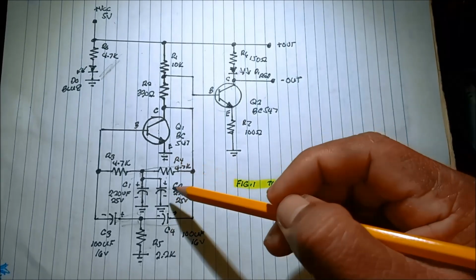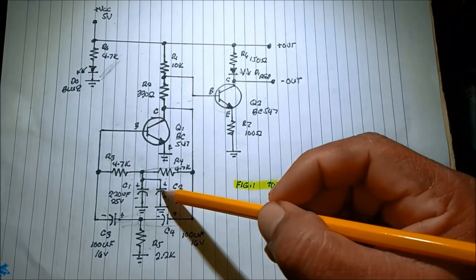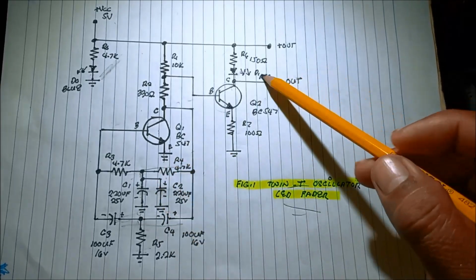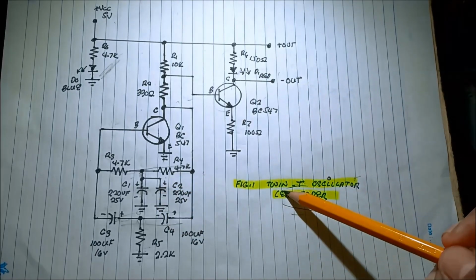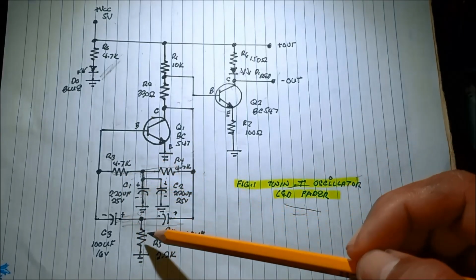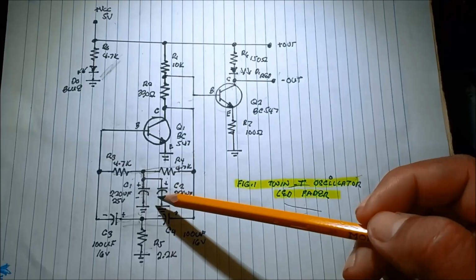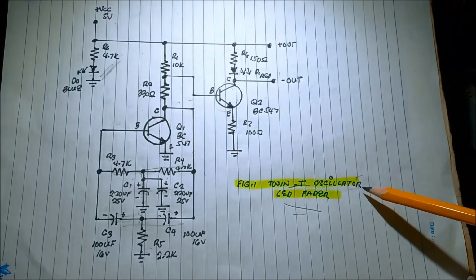Why am I using 2 capacitors here? Because I'm controlling the fading of the LED. So with the use of this Twin Tee, 2T, which is the high pass and the low pass filter, it causes the circuit to oscillate. That's why it's called oscillator.